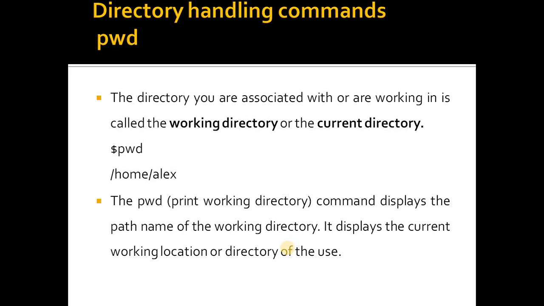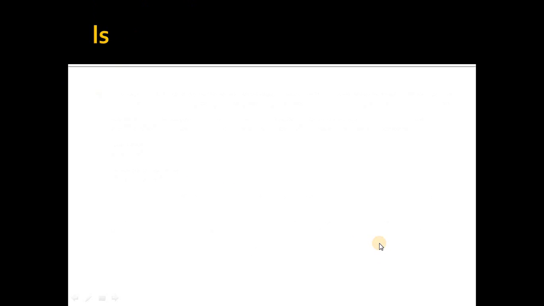It displays the whole working path starting with the root, that is the /. It is a built-in command. So if you want to know in which working directory your files are being saved right now, we use the command pwd, which will show the path of your working directory. So with this we finish with the pwd command.